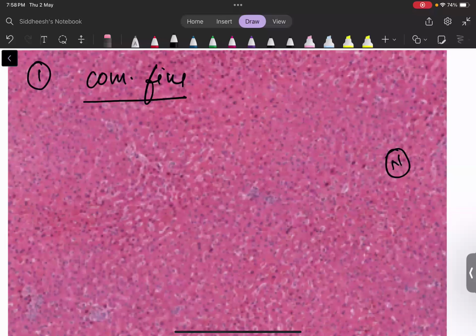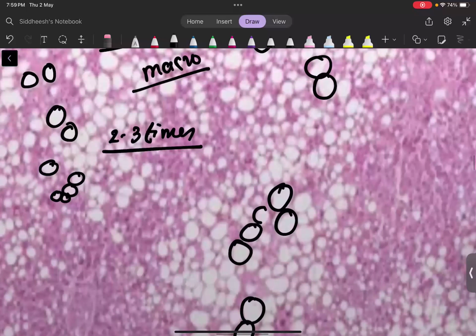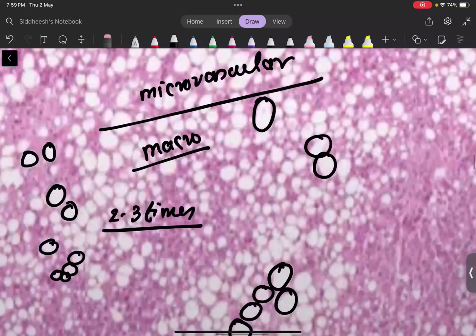Yes. The next image, what I'm actually showing you is the fat. Then what can we take? Here we are having what? Small cells, right? The difference between the two is their size. Juveria, it's a simple size differentiation. That's it. If it is small, then what? Microvascular. If it is large, then what?